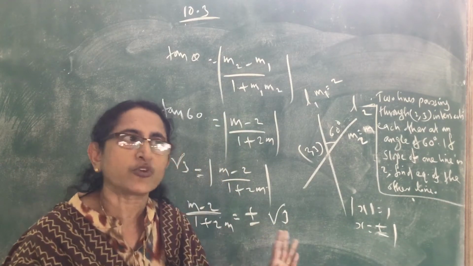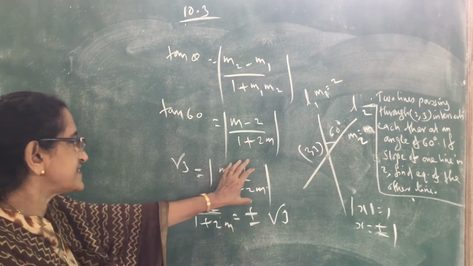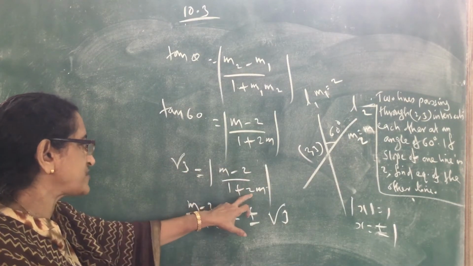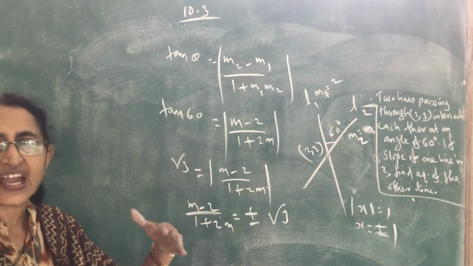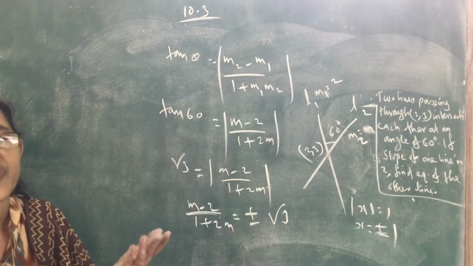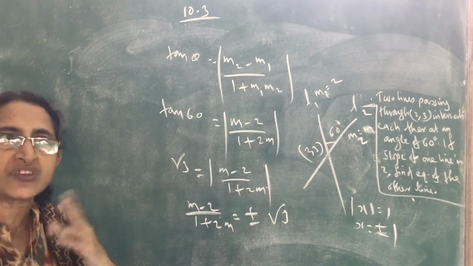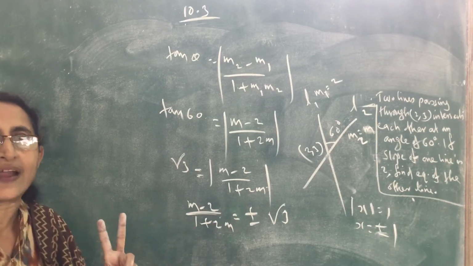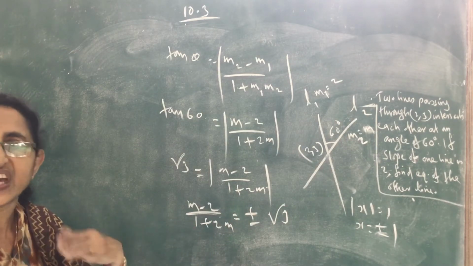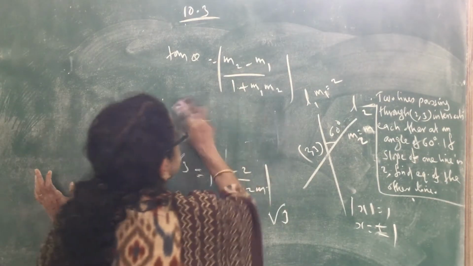So we have to consider both the cases. So modulus of this equal to root 3 means inside the modulus, (m minus 2) by (1 plus 2m) can be plus root 3 or minus root 3. So in two cases we get two values of m, and corresponding to each m we have to find the equation of the line. So first we will consider one case.